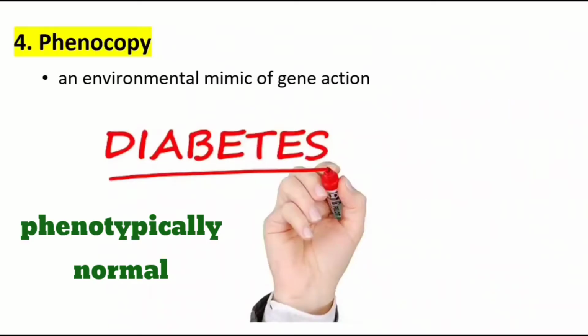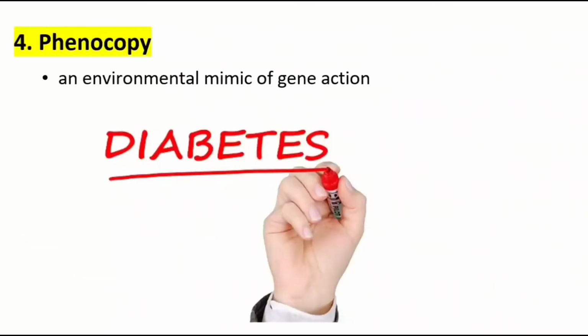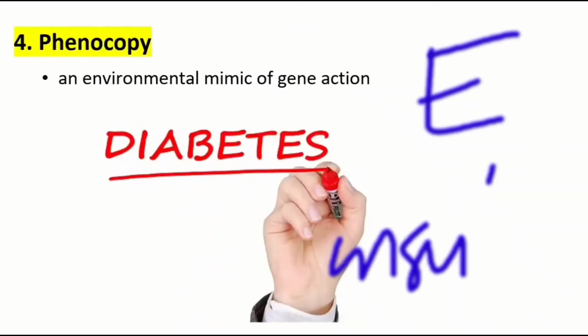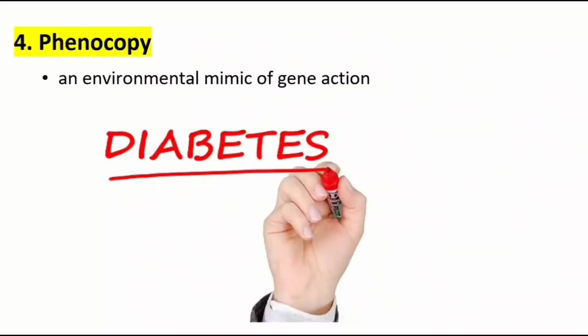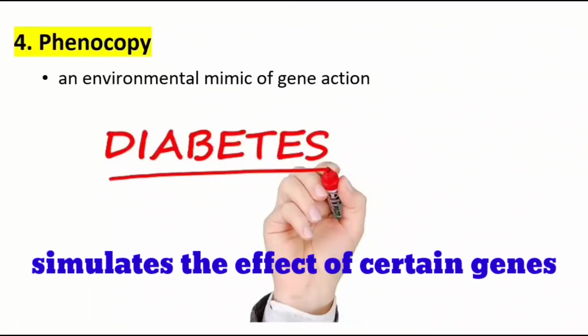Okay? Wala kang ma-observe na phenotypic characteristics nila that they are diabetic. Okay? And this environmental influence, yung environmental influence na yon, which is because of insulin, is sufficiently strong so that the resulting phenotype, which is normal, simulates the effect of certain genes.